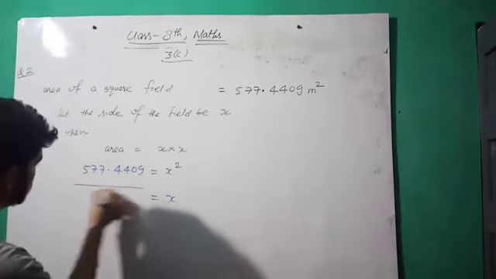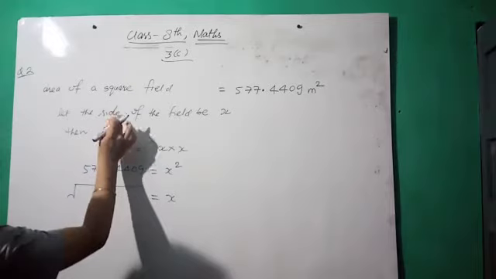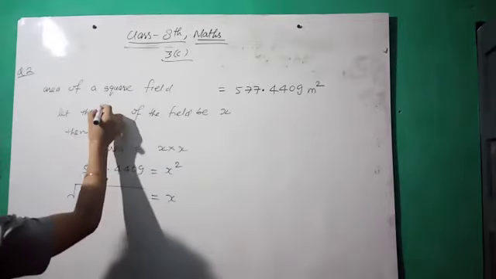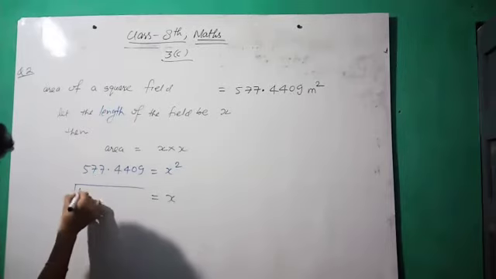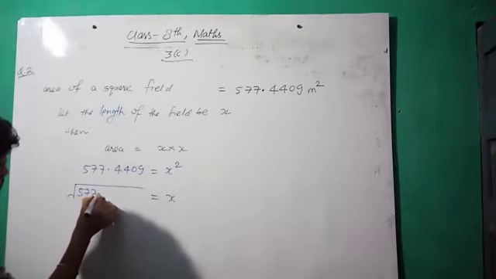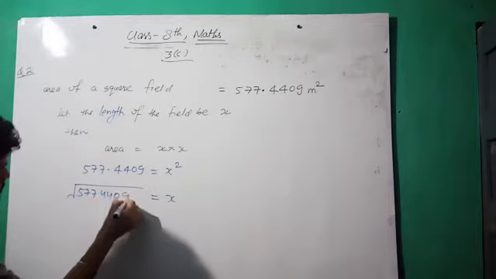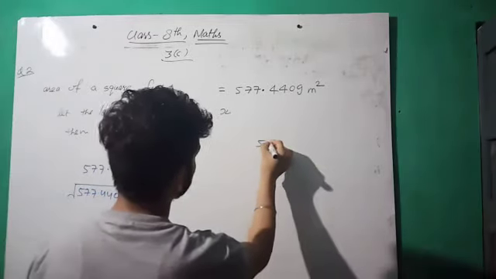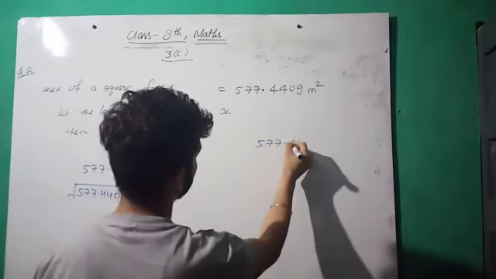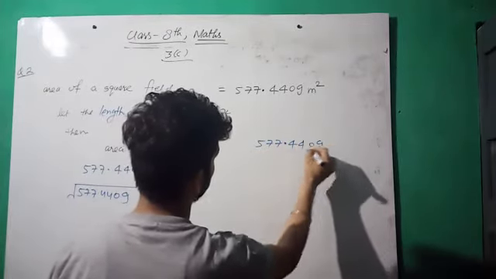Okay, for the length, side or length, we have to find out the length, so we can take it as 577.4409. Now we are going to find out the square root of 577.4409.